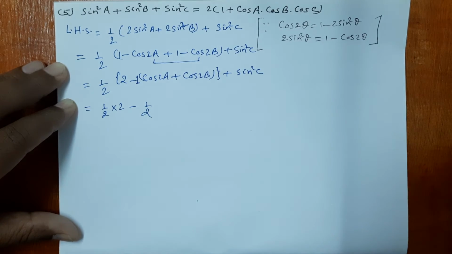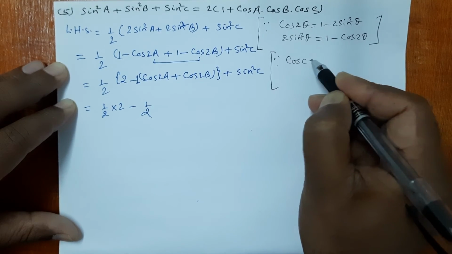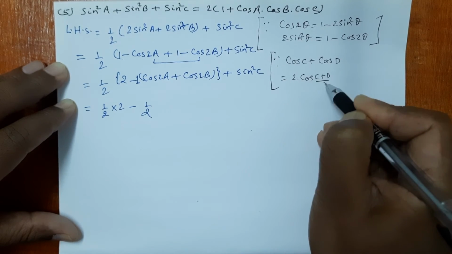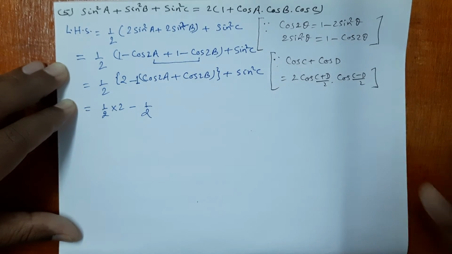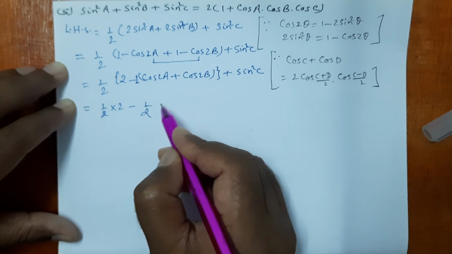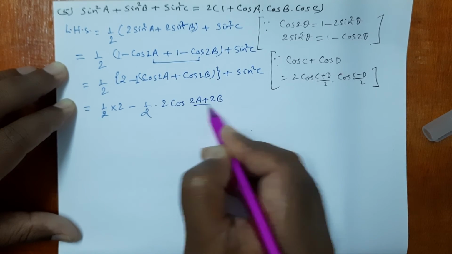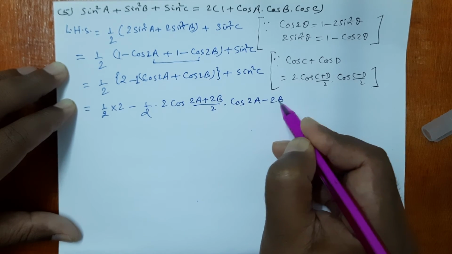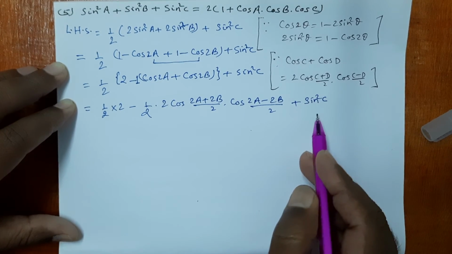We can use the cos C plus cos D formula, that is 2 cos of C plus D over 2 and cos of C minus D over 2. Okay, so in place of C we have 2A, in place of D we have 2B. So it becomes 2 cos of 2A plus 2B over 2 and cos of 2A minus 2B over 2, plus sine square C at last there.